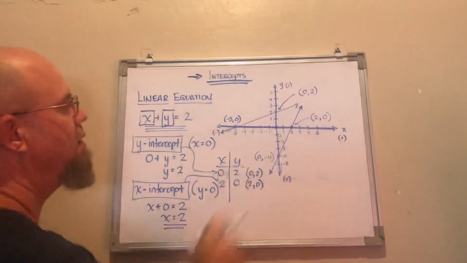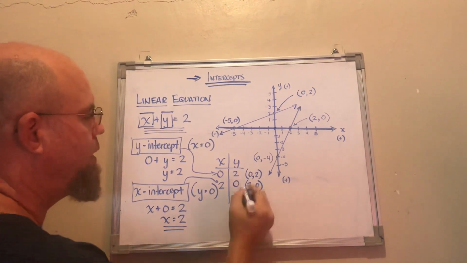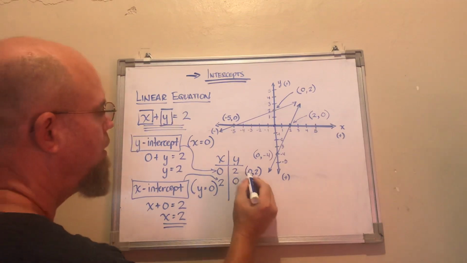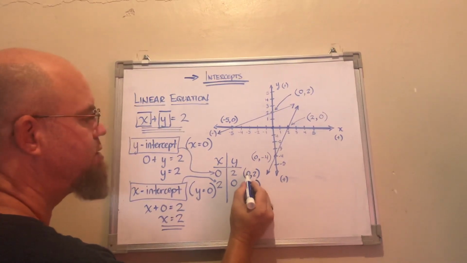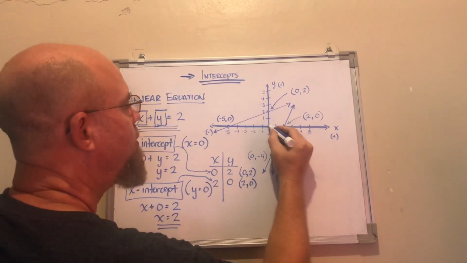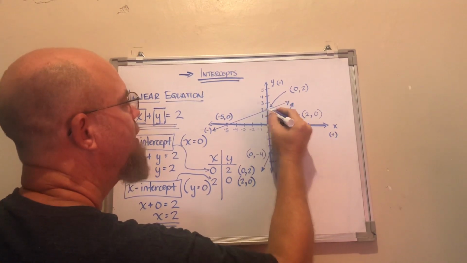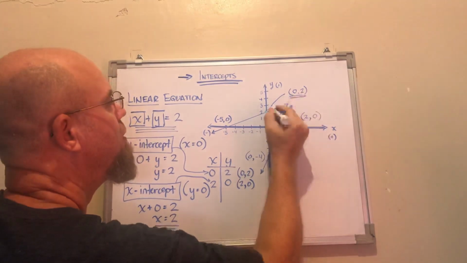We'll plot those on our graph here, and we will see what that line looks like. So where is x is 0 and y is 2? There we have it. That is our point right there, (0, 2).